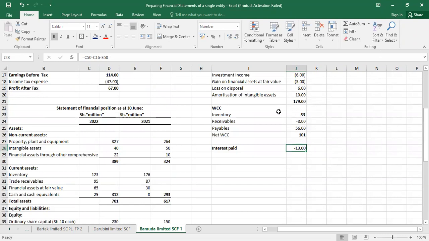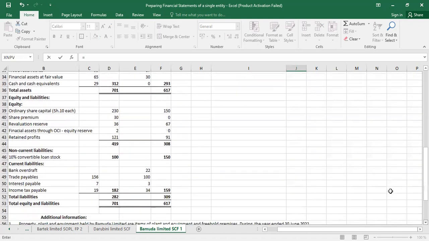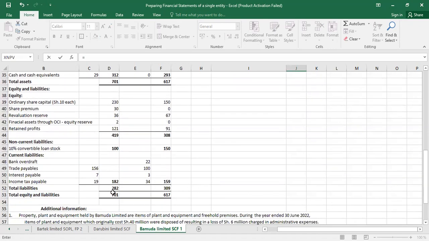Then we also do tax paid. Equal. So we check first if we have current tax in the statement of financial position. You can see you have income tax payable, isn't it? So we take that one minus.